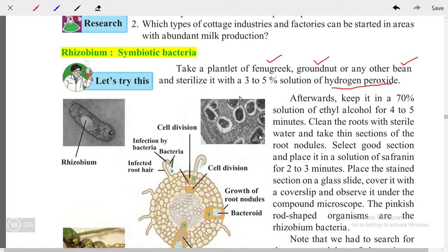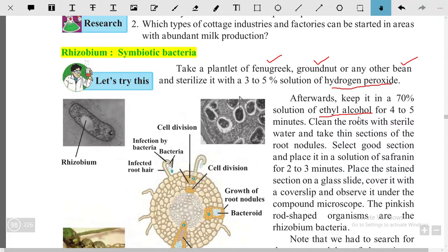And after that keep it in 70% solution of ethyl alcohol. Hydrogen peroxide, H2O2, and त्याच्यानंतर काय करा, after that keep it into the 70% solution of ethyl alcohol. The chemical formula of ethyl alcohol is C2H5OH.